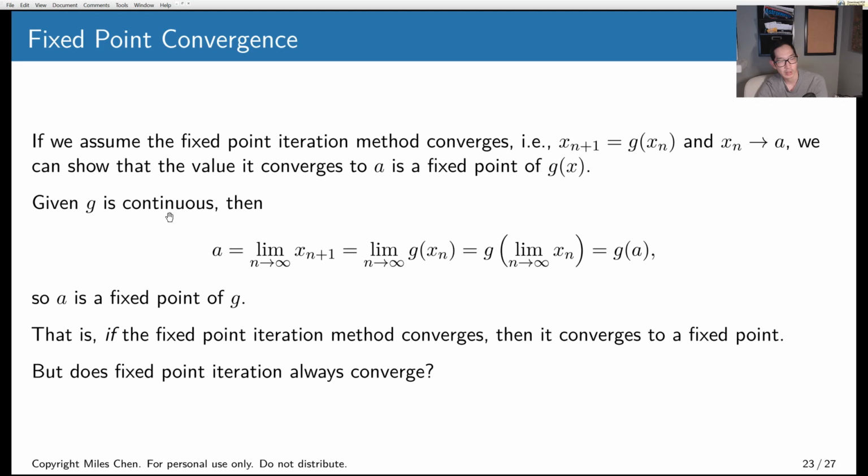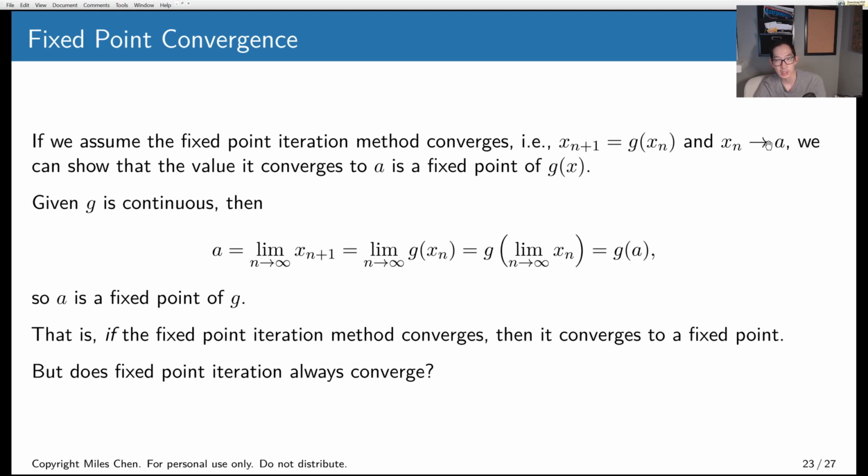Given that g is continuous, a is the limit as n goes to infinity, and x_{n+1} is just g applied to x_n. So this is just g applied to the limit as n goes to infinity of x_n.